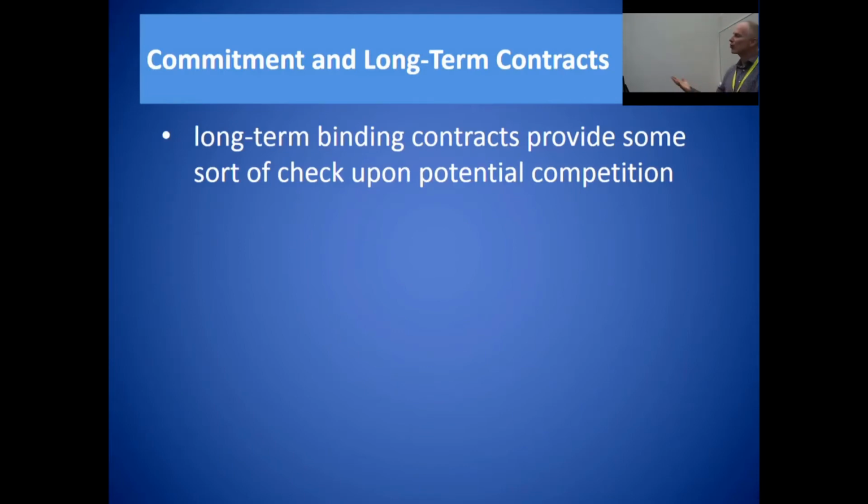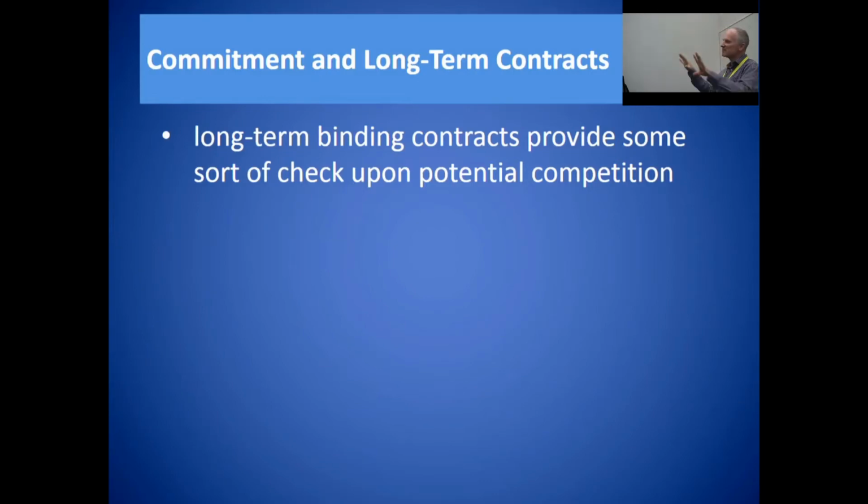Now, whilst we've talked about burning bridges, in an economic sense, or in a business setting, you don't literally burn bridges to deter your rivals. Often what happens is firms will use long-term binding contracts to provide a check upon potential competition, to make their threats credible.